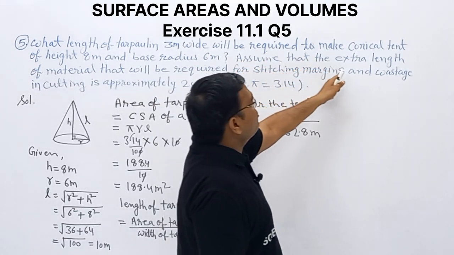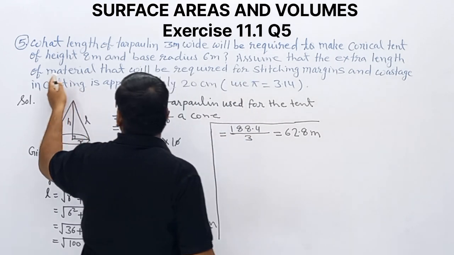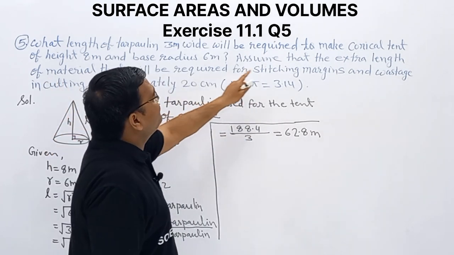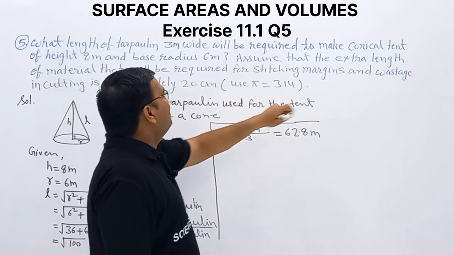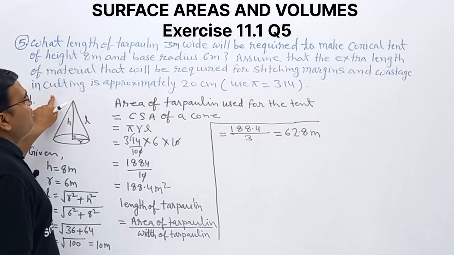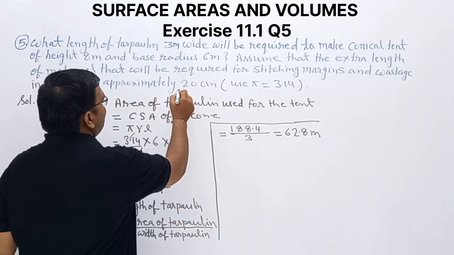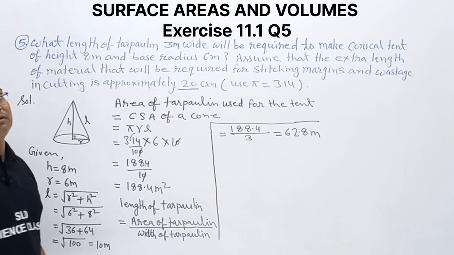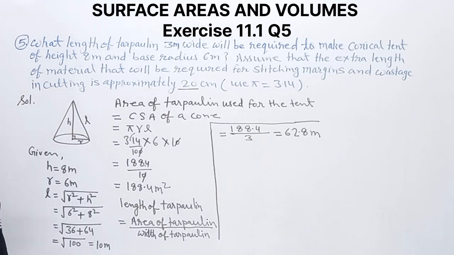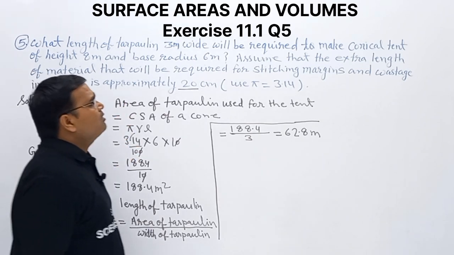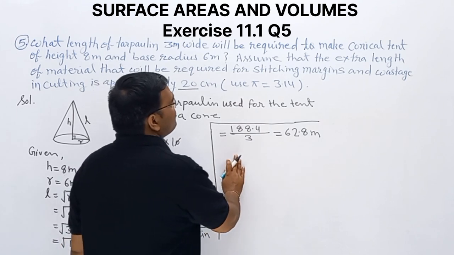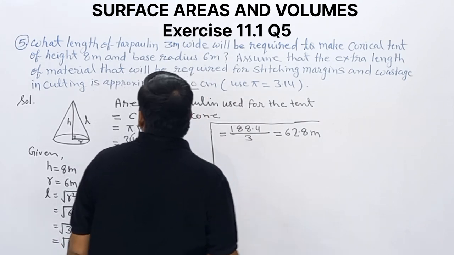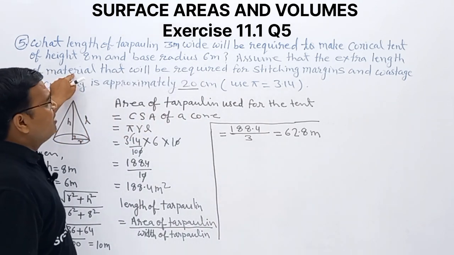Assume that the extra length of material that will be required for stitching margin and wastage in cutting is approximately 20 centimeter. Observe carefully. Total length, now how will we find it?